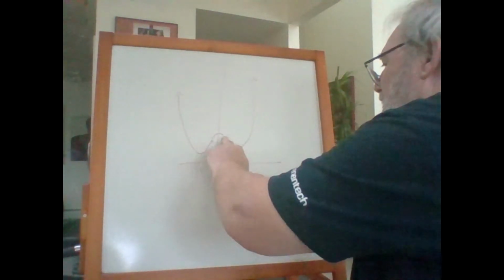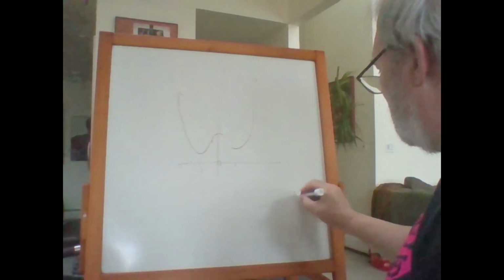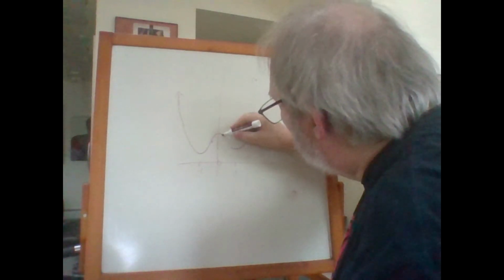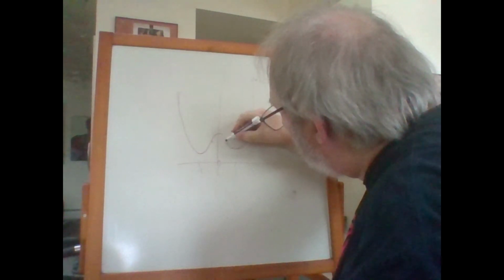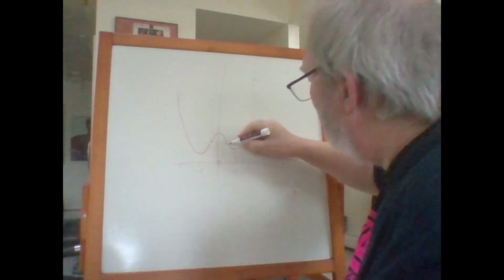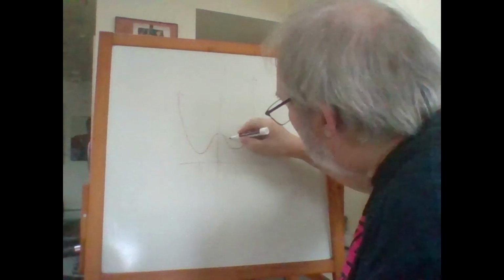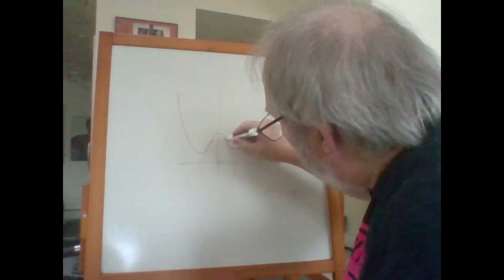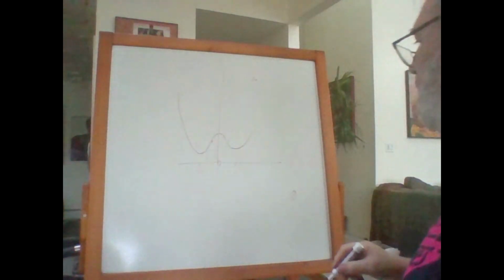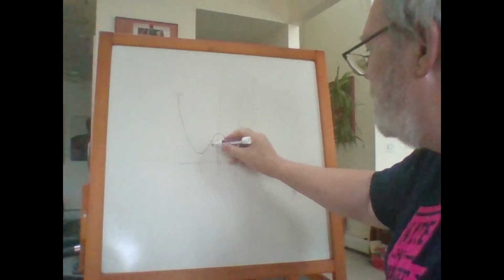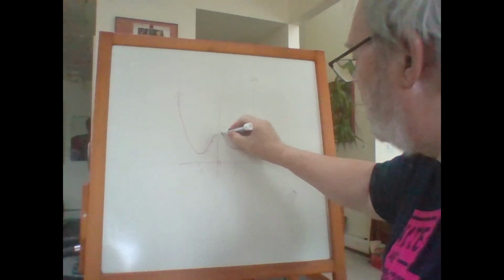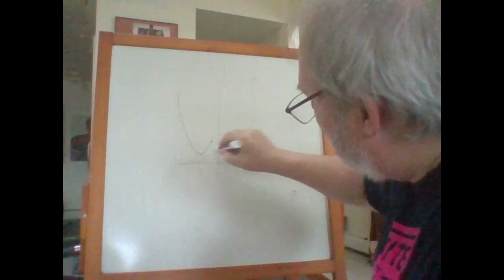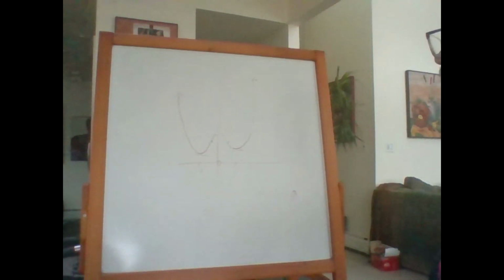Okay, our inflection point was right in there. And so you could see that the curve changed, and we had a local maximum, and we had local minimums.